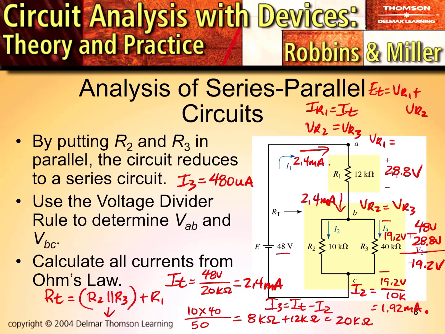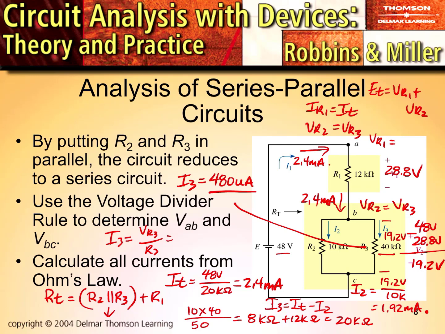Now, if we want to double check, remember that's what it said in the last part of the other slide, use other methods to verify. We determined that current by subtraction, but there's no doubt we can determine it using Ohm's law, right? So remember, we've got I3 will equal VR3 divided by R3.